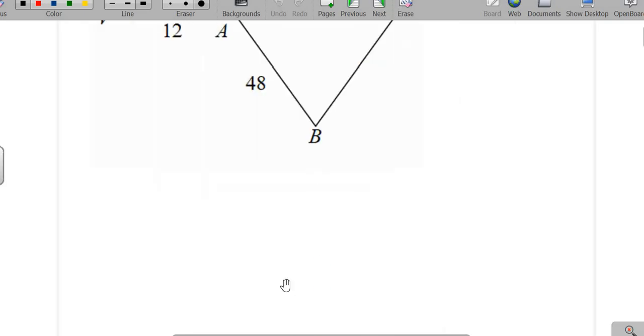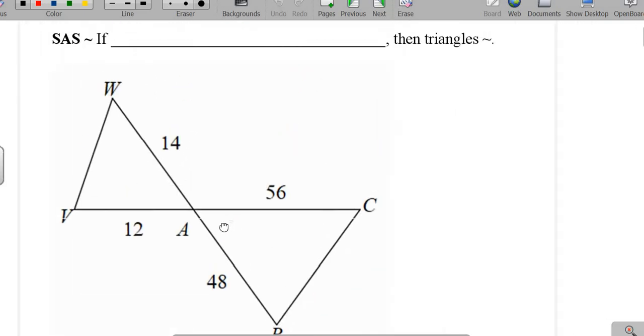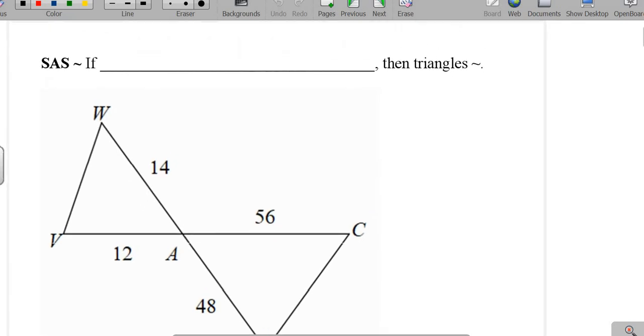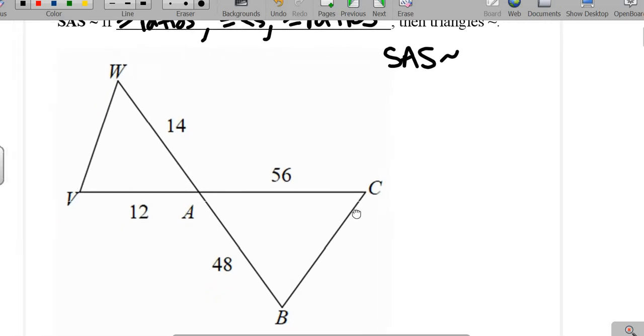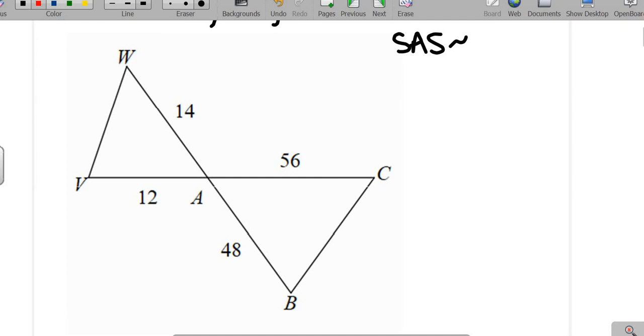Last one says this. If you have equal ratios, congruent angles, and equal ratios again, then the triangles are similar. This is called side-angle-side similarity. Let me show you what I mean. Ready? We're going to match on the left.